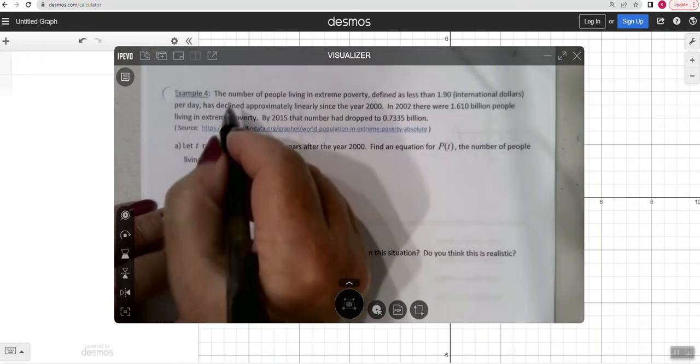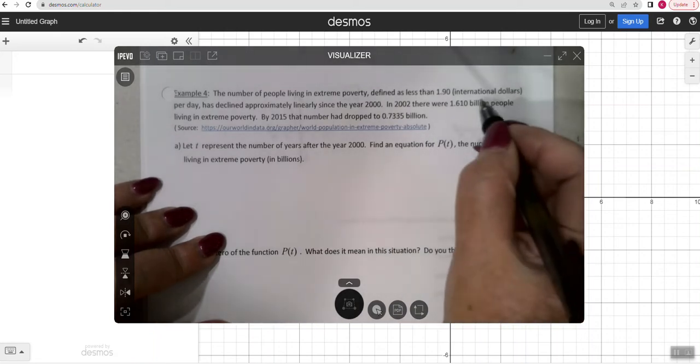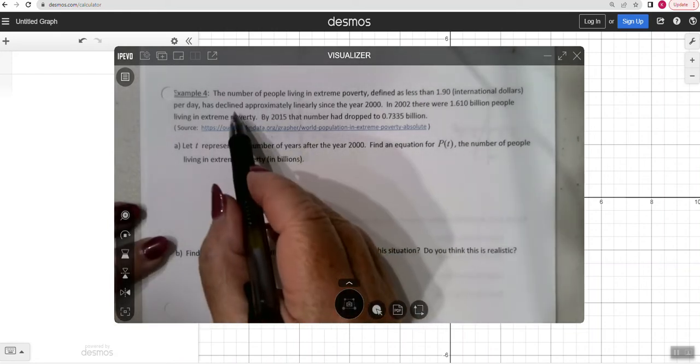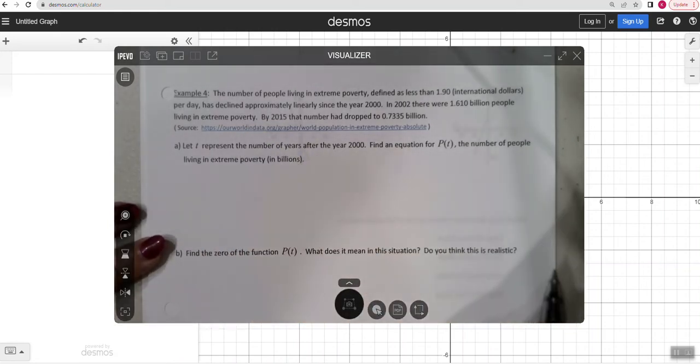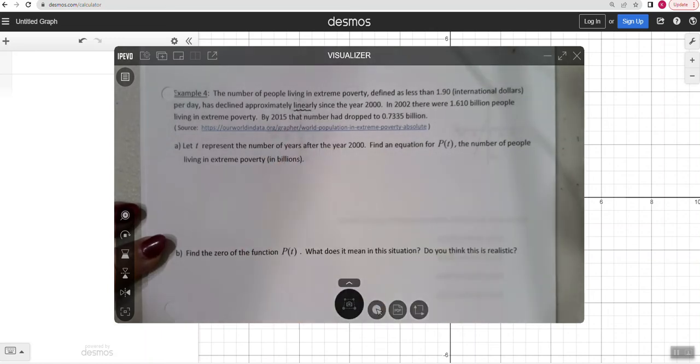And we have the number of people living in extreme poverty, defined as less than 1.90 international dollars per day, just a monetary unit to equate different currencies. And that number of people living in poverty has declined approximately linearly, so they're telling me it's going to be a linear equation, since the year 2000.